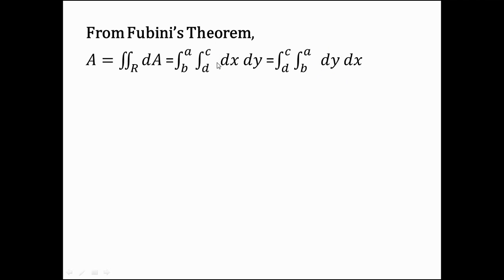These are the limits for dx and these are the limits for dy. Note that when we switch the order of integration, we have to switch these limits as well. Sometimes the order of integration does matter.